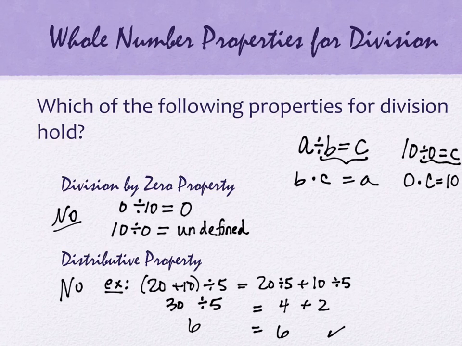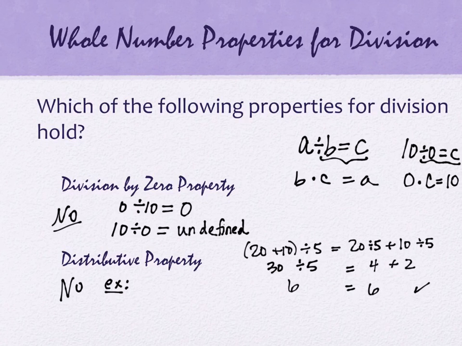The failure comes in the other direction. So I have to be able to distribute the division, just like with multiplication, from both directions. Through here like I did here, or through here like I did here.